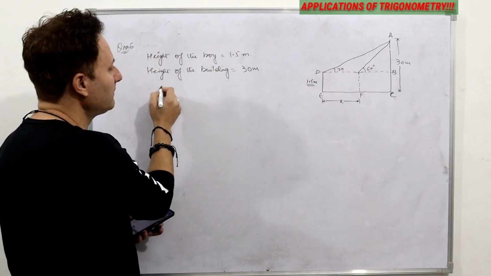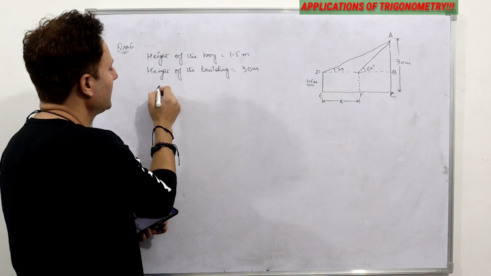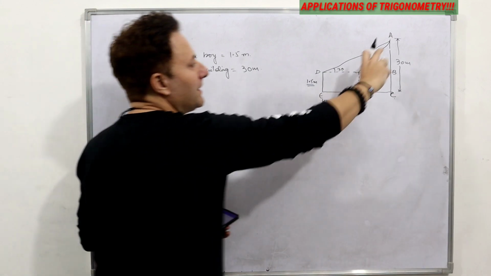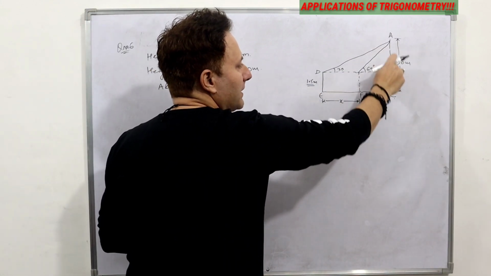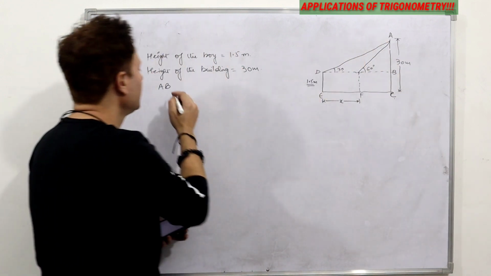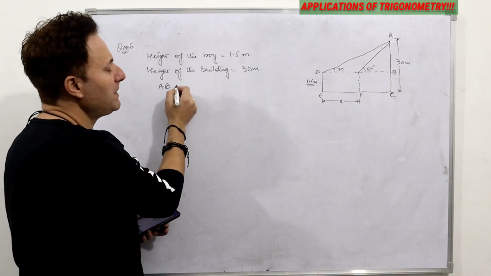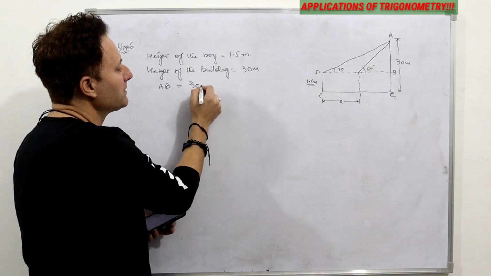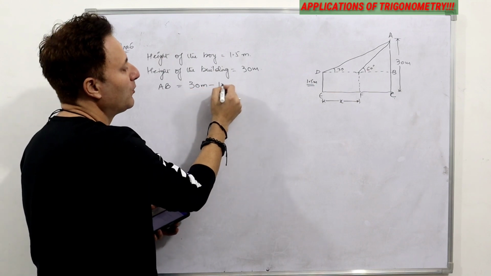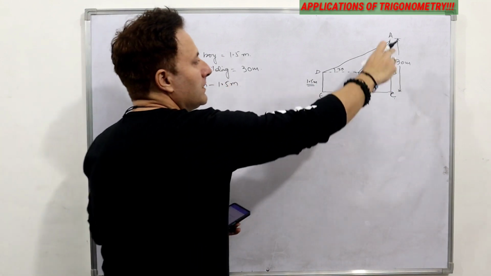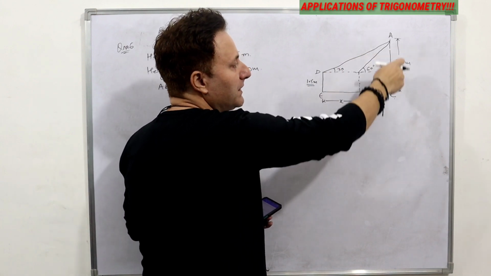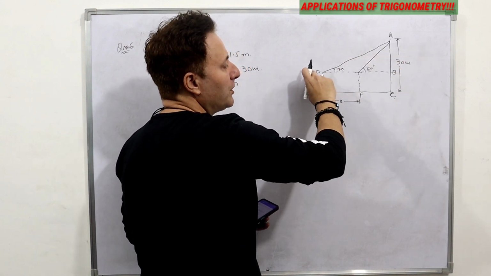So what do we have? We will see here AB. We will try to find AB because these are the triangles which we will be taking in the next step. So AB will be 30 meter minus 1.5 meter. This building is 30 meter and the height of the boy is 1.5 meter.